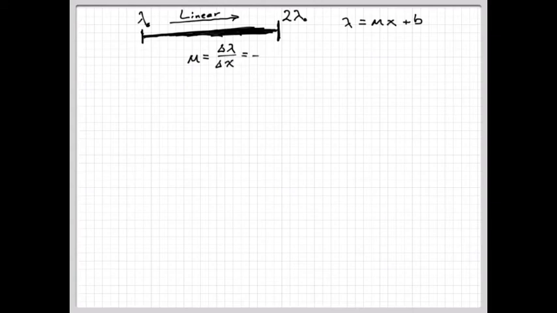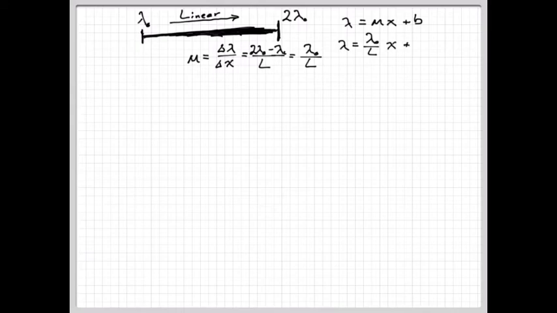So the final density was twice the original, so 2 lambda 0 minus lambda 0. And the change in x is just from one end of the stick to the other, which we'll call the length. So if I work this out, I get that this slope value is lambda 0 over L. Okay, now x is my variable that's changing as I go along the stick, so that stays.